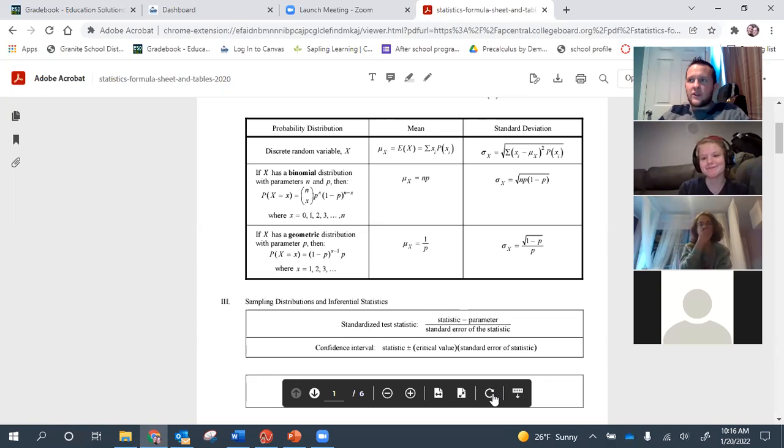Now, one of the problems is that our online software is being funny. It only lets us go a semester at a time. And so we got to the end of the semester and they're like, hey, if you want to use this for next semester, you have to unlink it and pair it for this semester. So I unlinked it from last semester and then I couldn't link it this semester. So I'm having some technical difficulties.